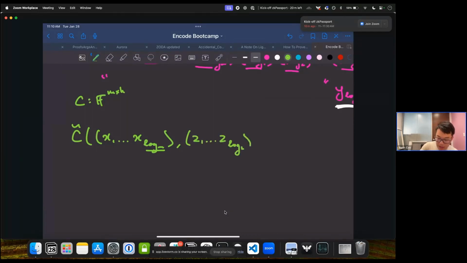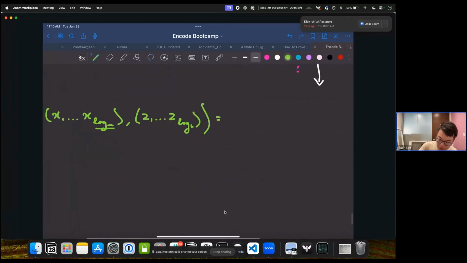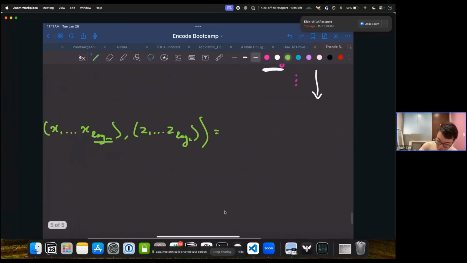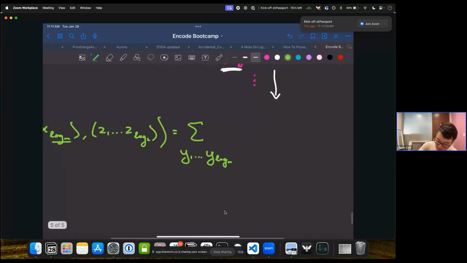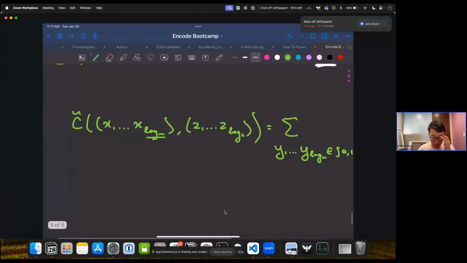So now we need log k variables to fully index C. So we want to show that this thing equals the sum over y1 through y log n in 0, 1 to the log n, the sum over all of the middle variables.